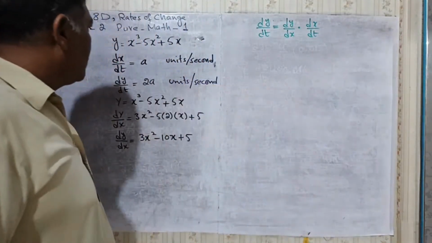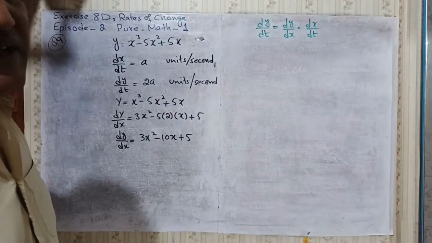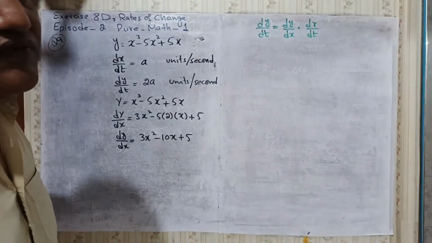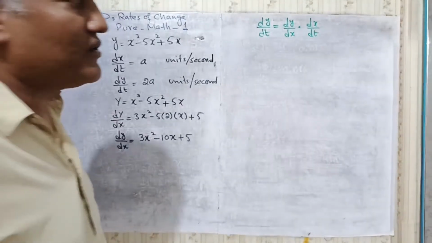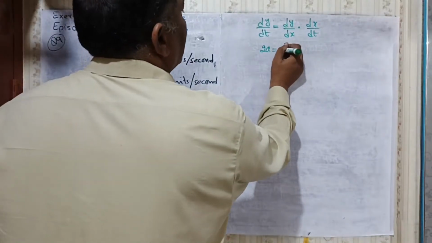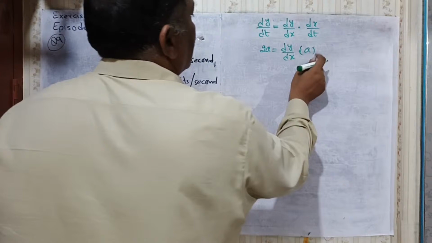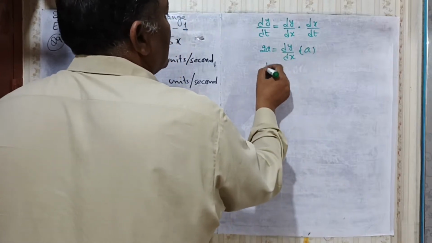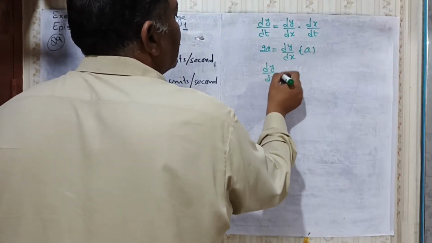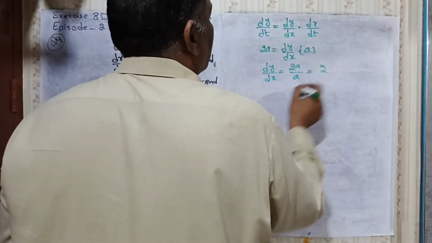The values were not given, but they told us that the rate of change of x is constant and the rate of change of y is double that rate. So this is 2a, and this is a. So dy by dx is 2a by a, and that will be equal to 2.